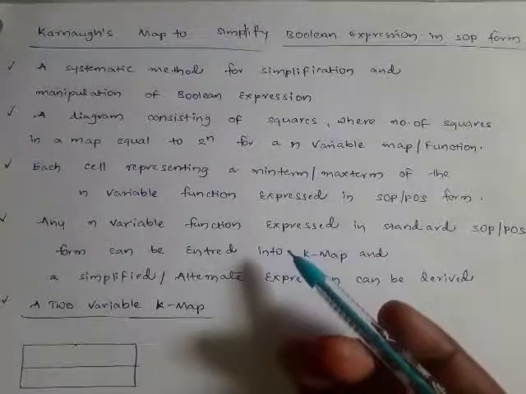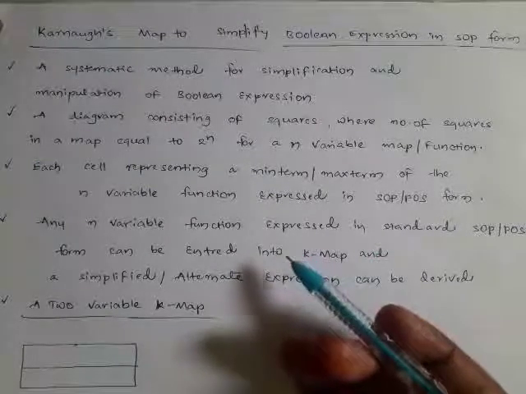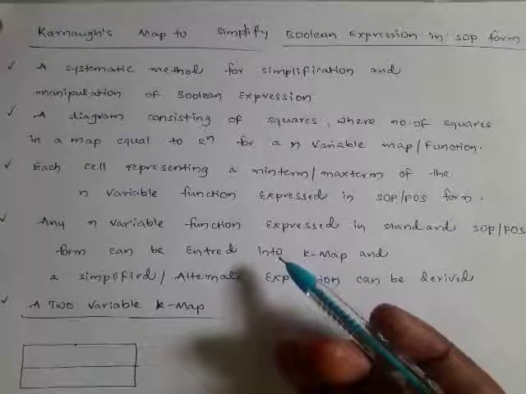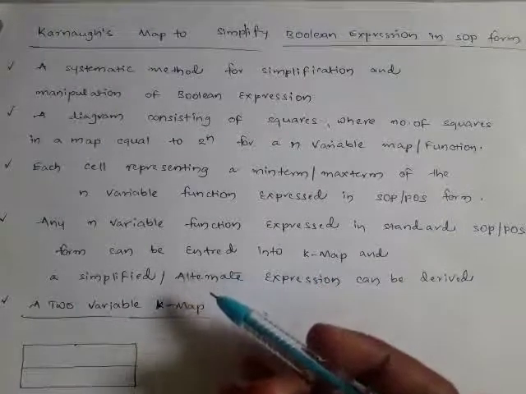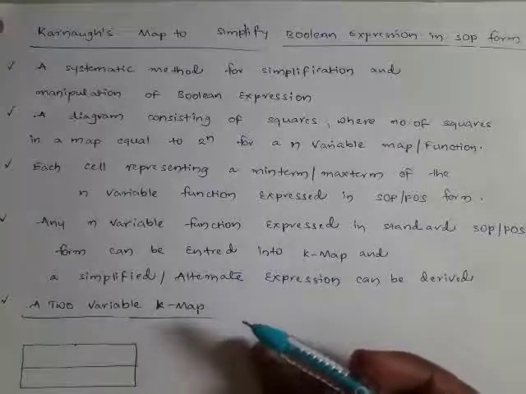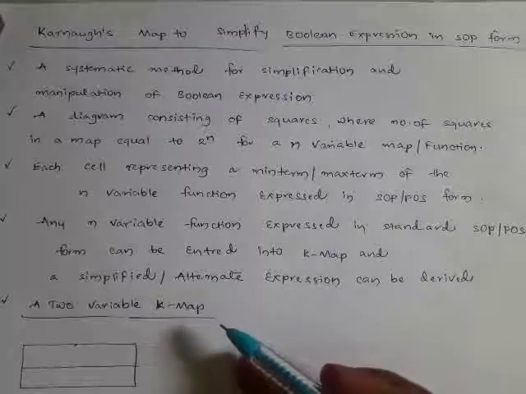And this K-map uses certain properties and can be used to simplify a given Boolean expression or to write an alternate expression for the given Boolean expression.